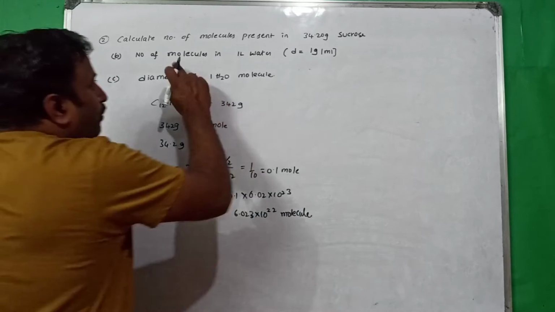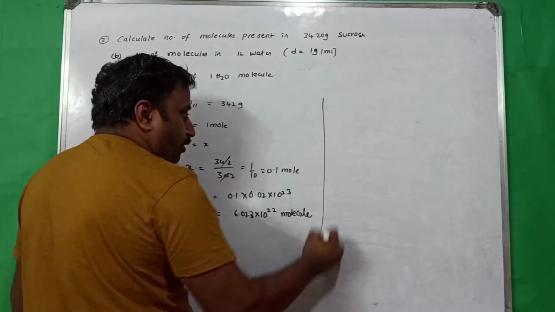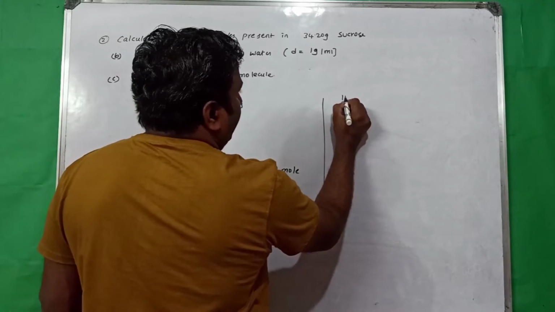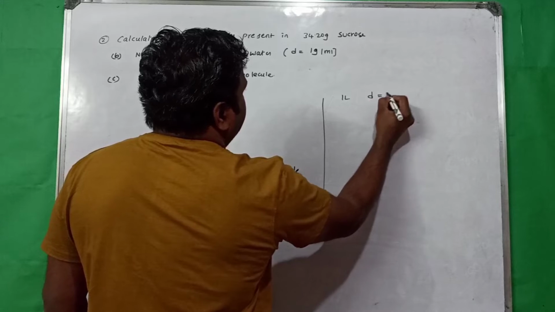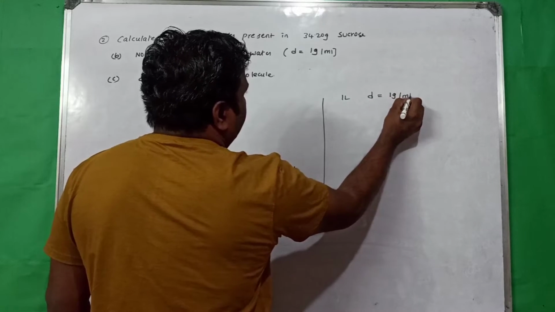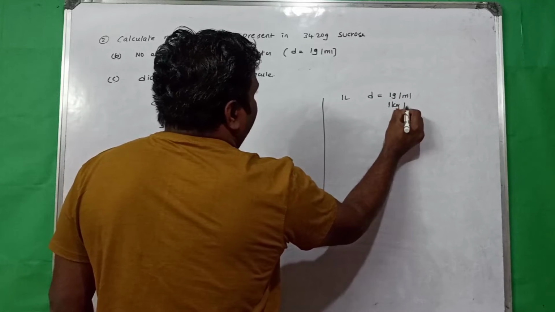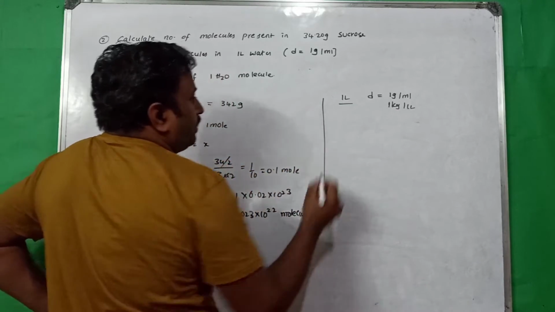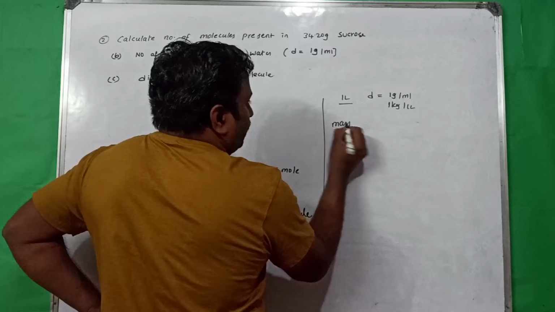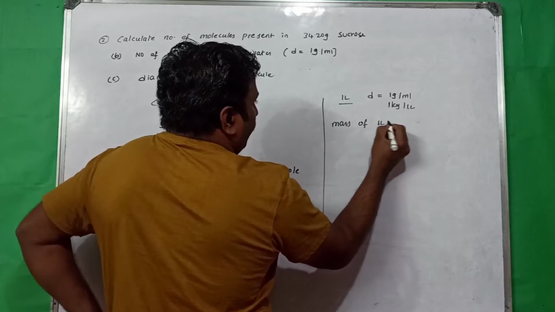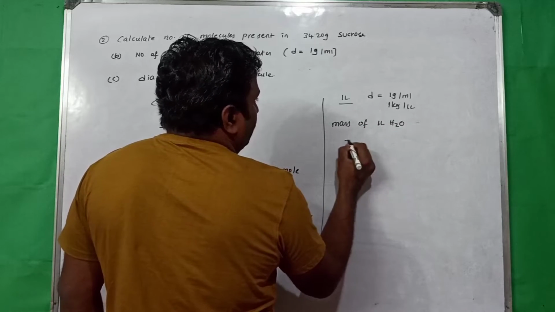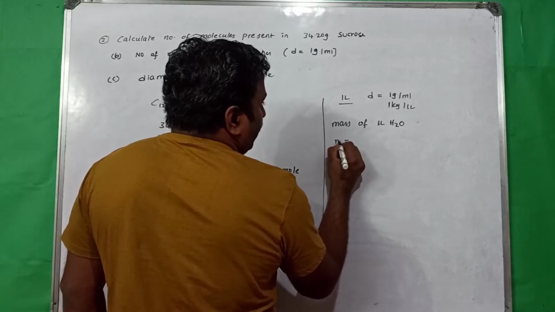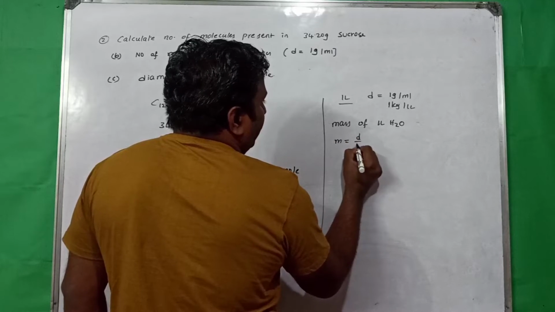Second question: number of molecules in 1 liter of water. We have 1 liter of water, and density is equal to 1 gram per ml, that is 1 kg per 1 liter. Given volume is 1 liter, then mass of 1 liter of water is equal to m = d by v.